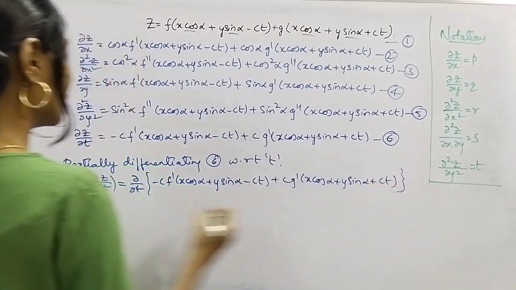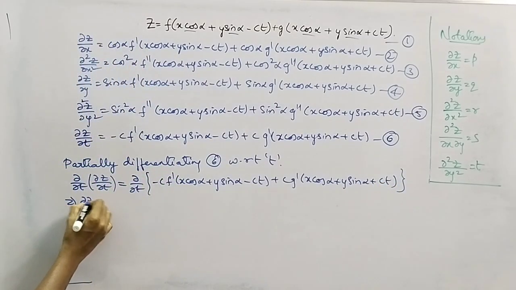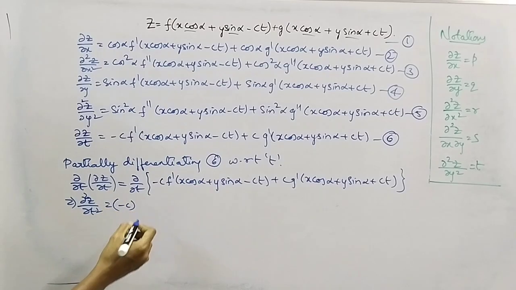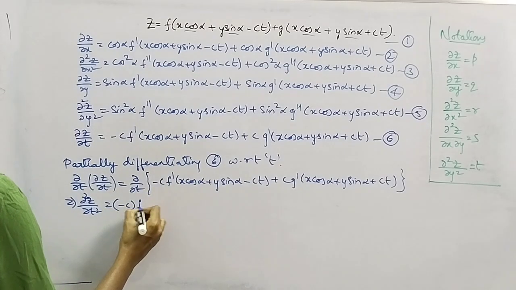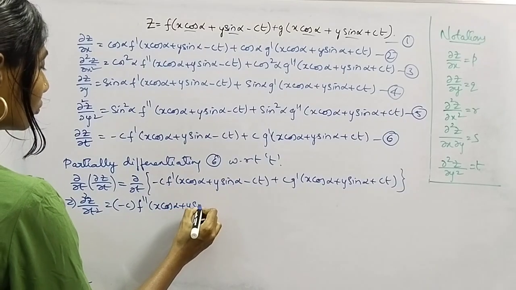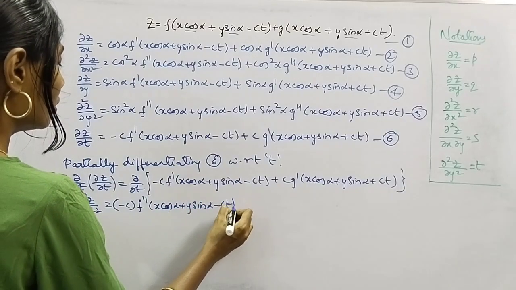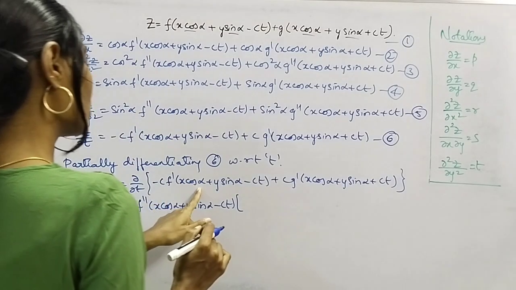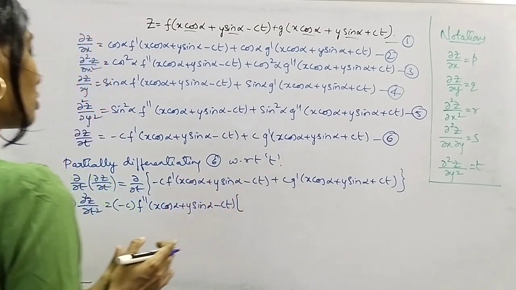This gives us ∂²z/∂t² equal to constant into the partial derivative of f dash with respect to t is f double dash. Here we are partially differentiating with respect to t, so we'll treat x, y as constant, and also cos alpha, sin alpha, c are constants.